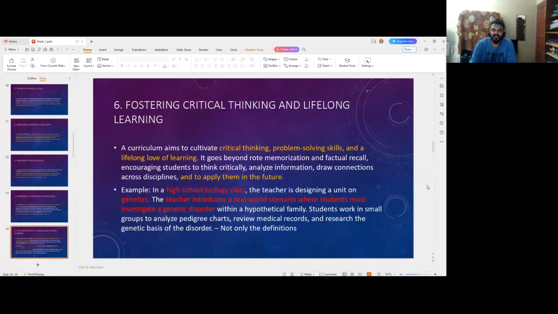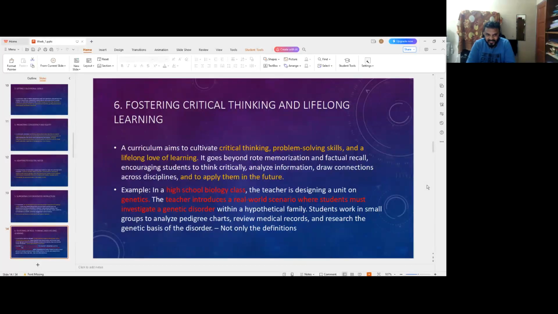Okay, all right. And number six, cultivating critical thinking and lifelong learning. Basically, the specific aim of a curriculum is to cultivate critical thinking and problem solving, where you evaluate, analyze, and think critically to find specific, factual information.